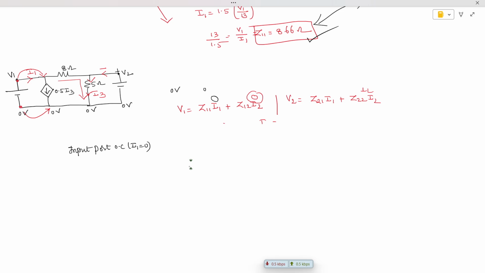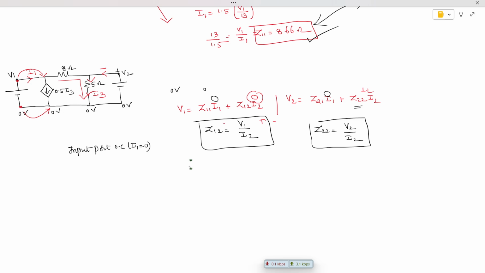Substitute I1 is 0 here and here. Therefore we are going to get Z12 is equal to V1 by I2. The next one we need to find out is Z22 is equal to V2 by I2.